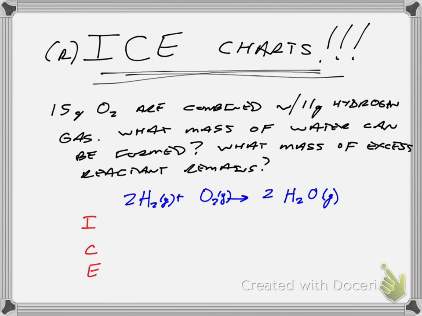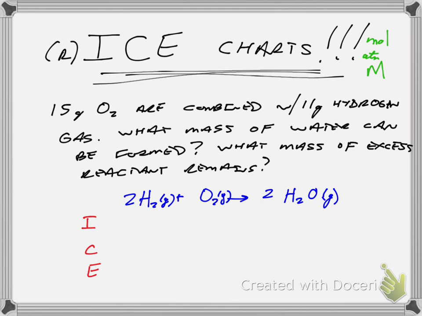And a couple of things to note about ice charts. One of the most important things is units. You can't use grams in an ice chart. You can use moles, you can use pressure units, and you can use concentration units like molarity, but you can't use grams.